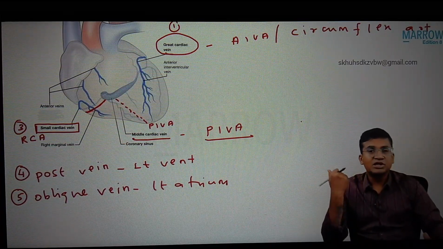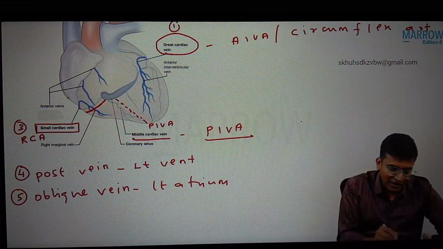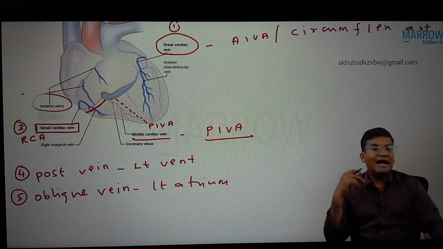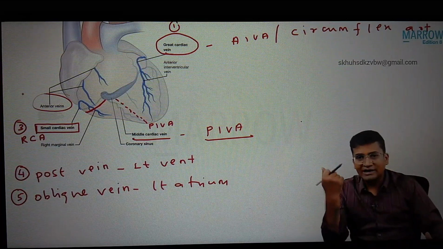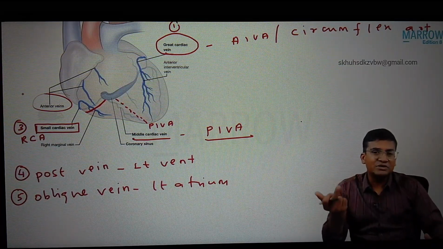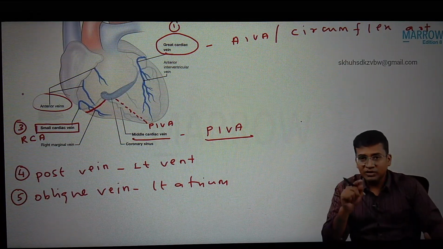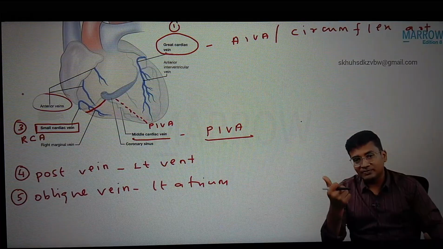Now an important point is which is not a tributary. The anterior cardiac vein does not drain into the coronary sinus. It opens directly into the anterior part of the right atrium. The coronary sinus opens into the posterior part of the right atrium.